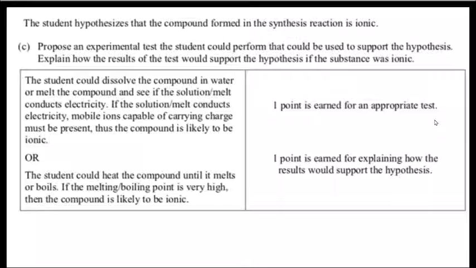So you get 1 point just for the test, and another point for supporting the hypothesis. The best way to make sure you don't earn points on an FRQ is not to answer the entire question. So make sure you're doing all the parts. Come up with a test and explain what the results of that test would look like.